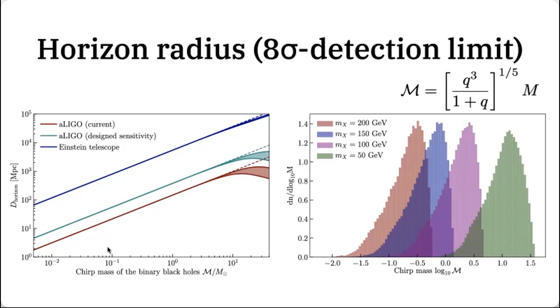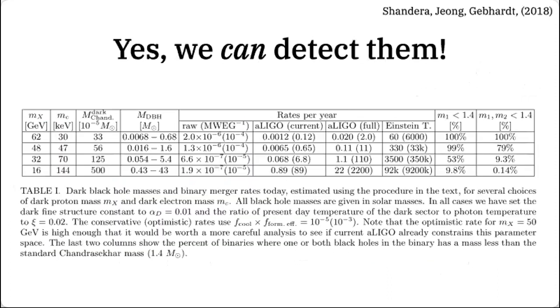But using the Einstein Telescope, we can extend it further to 1 gigaparsec, which is a truly cosmological scale. Okay, then from that we can also calculate the event rate as a function of proton mass and electron mass.